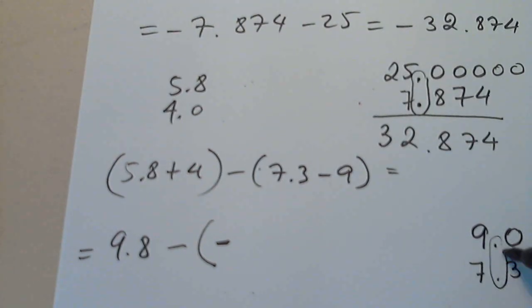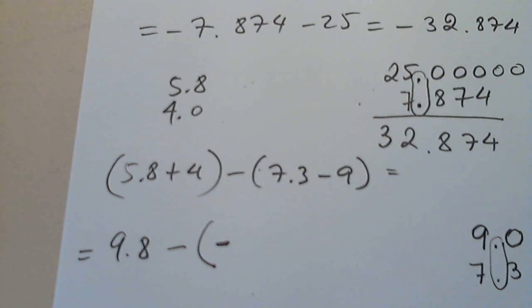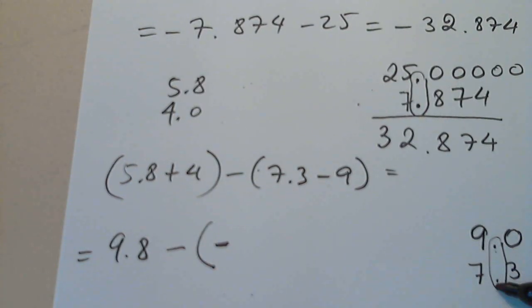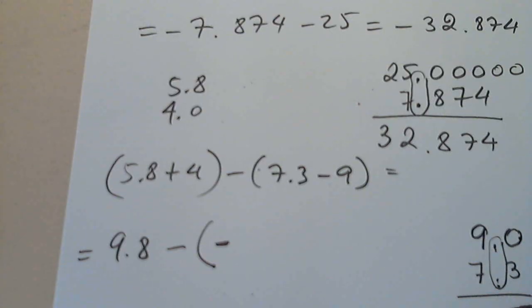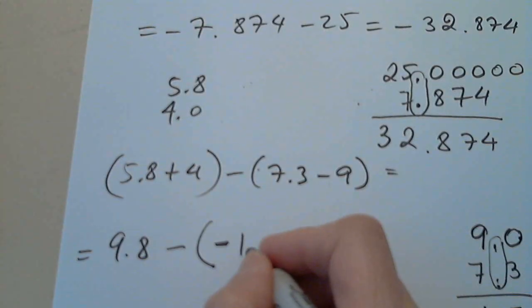Remember, they have to line up when we add and subtract, not when we multiply. So when we add and subtract decimal numbers, the decimal point has to line up. But now remember we are subtracting. 3 from 10 is 7. I borrow the 1. 7 from 8 is 1. So this is the answer.